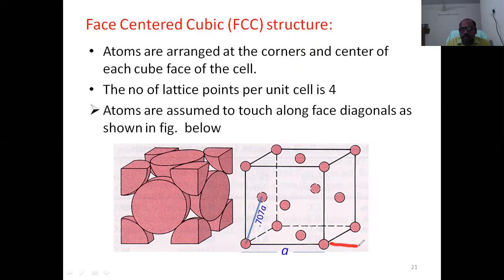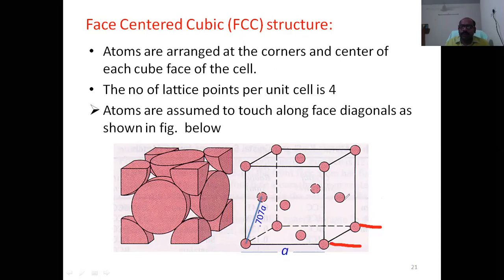Generally we can have one more FCC lattice unit cell. So this lattice point is being shared by the two adjacent cubes. Therefore, its contribution to one unit cell is 1 by 2.